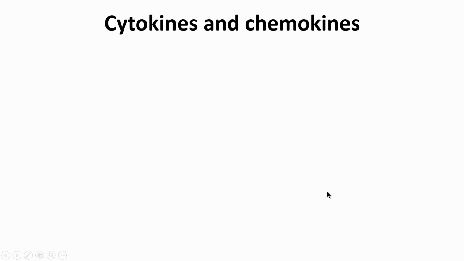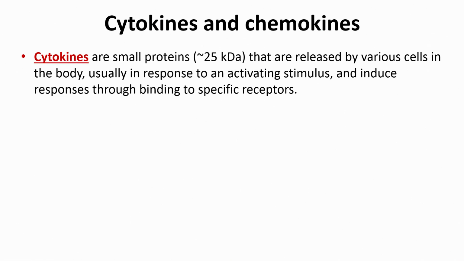So, I mentioned cytokines and chemokines, let us quickly define what these are. Cytokines are small proteins of typically about 25 to 30 kDa, released by various immune cells. Typically this is immune, although other cells can also release them, and they are usually released in response to a certain stimulus and then induce responses by binding to a certain receptor.